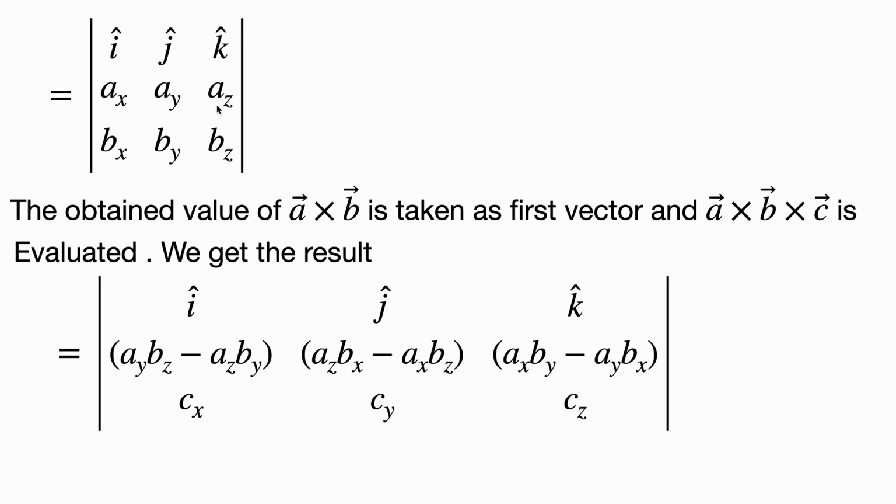So using this formula, we just write the first row as i cap j cap k cap, and the second row will be the x, y and z component of vector a cross b. So the x component of vector a cross b is ay bz minus az by, y component is az bx minus ax bz, and z component is ax by minus ay bx. And the third vector, which is the second vector of cross product, is cx cy cz as its component along x, y and z direction is written in the third row.